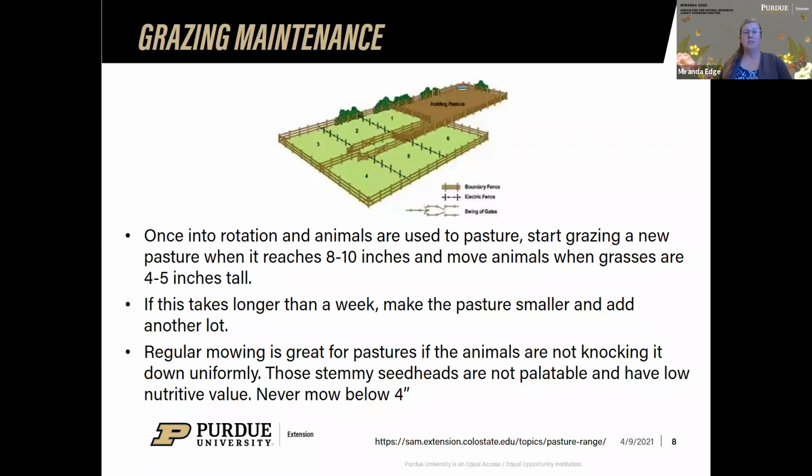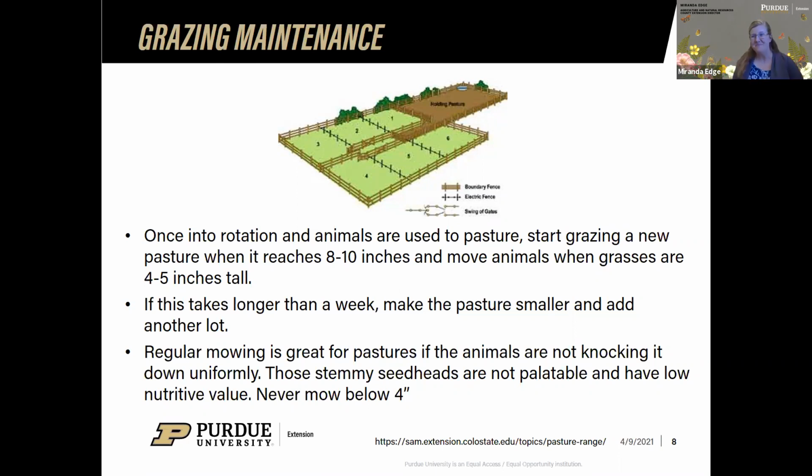Those stemmy seed heads that aren't really palatable and have low nutritive values are cut off. The seeds may drop, reseed the pasture a little bit, and help you out over the long run. Then, of course, those stems and things are going to die and add some more organic matter back to your soil and help with that soil health.